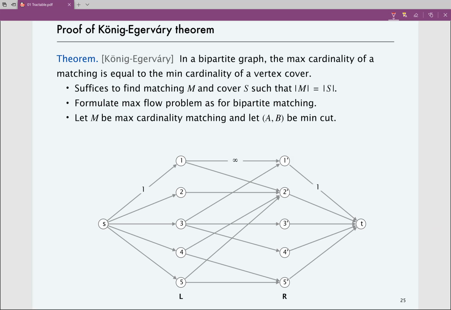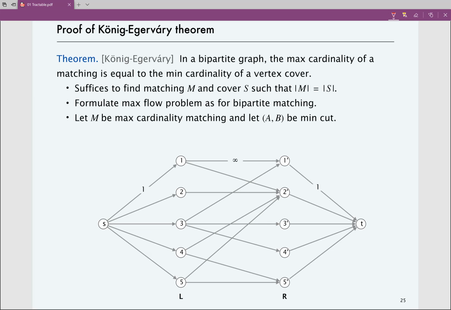We also have these edges between the left side and the right side. In this max flow formulation, we direct all those edges from the left side to the right side, and we set the capacities of all of them to be infinite.